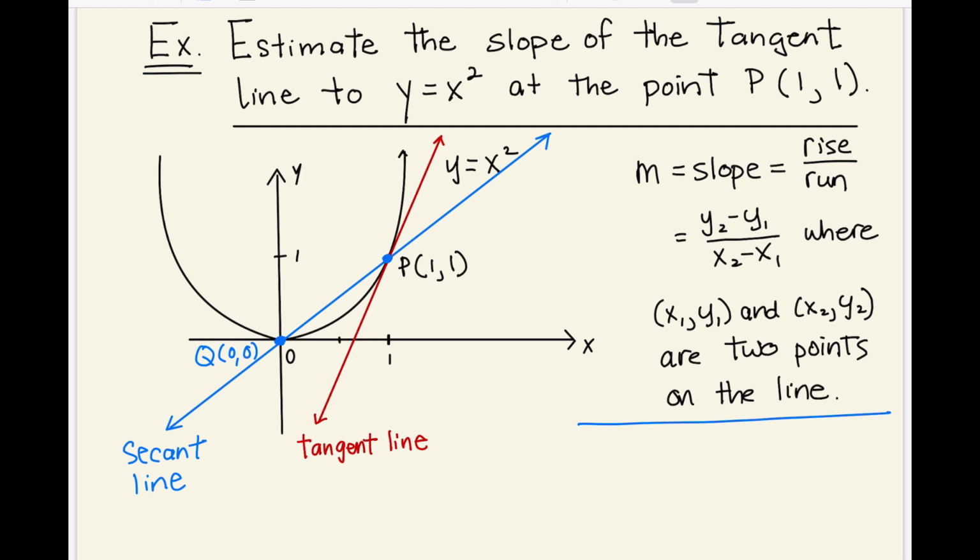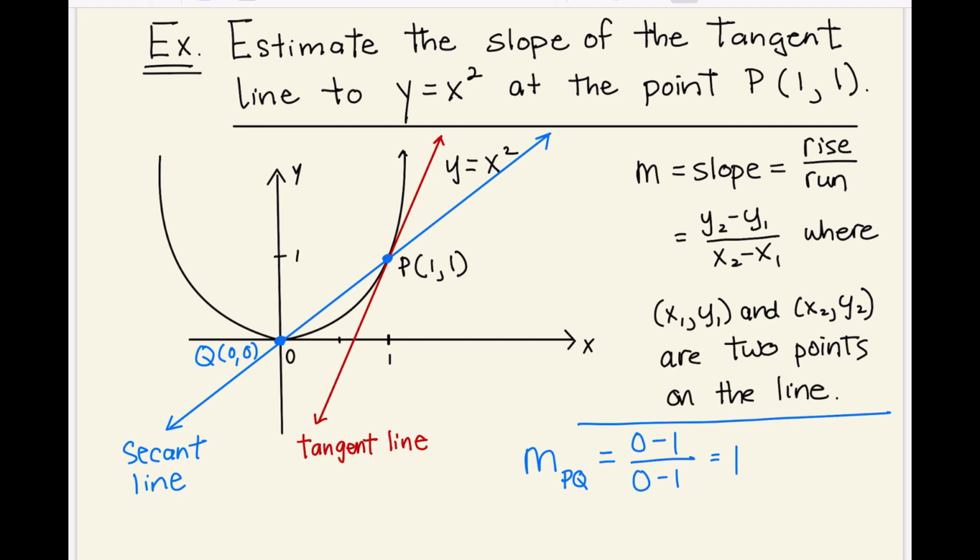We like the secant line because I can actually calculate the slope, m_PQ, and that is going to be equal to 0 minus 1, the change in my y coordinates, divided by the change in my x coordinates, 0 minus 1. So the slope in this case ends up being just positive 1.